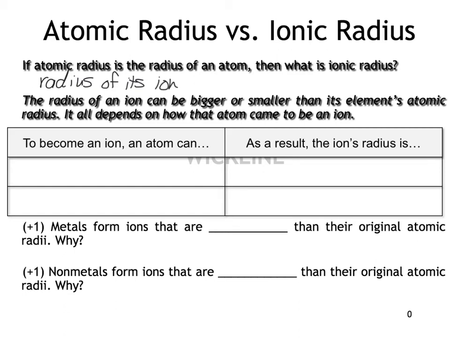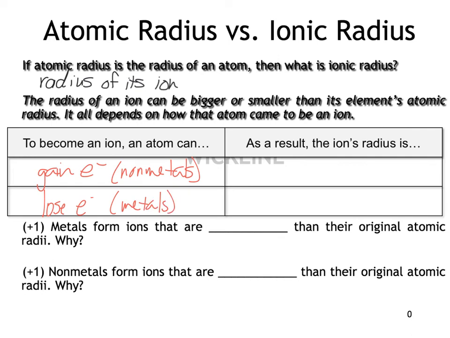So to become an ion, an atom could do 2 things. It could gain electrons, as is the case usually with nonmetals, or it could lose electrons, which is the case typically with metals.